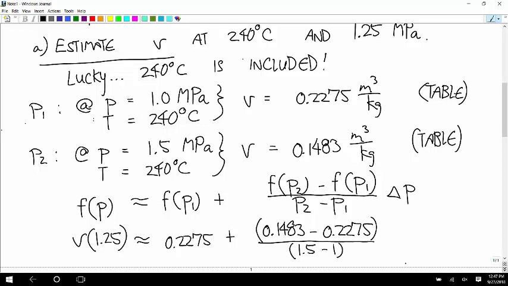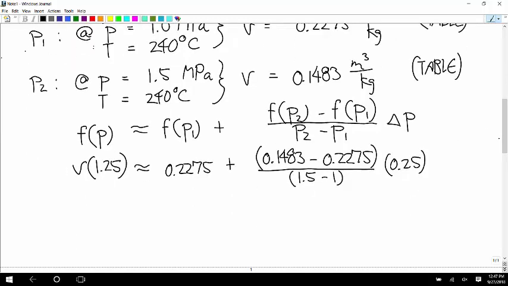And then our delta P is 1.25 minus 1, so that's positive 0.25. Someone want to calculate that? 0.1879 meters cubed per kilogram. And if you had the mass of the material, you could multiply by that and get the total volume.